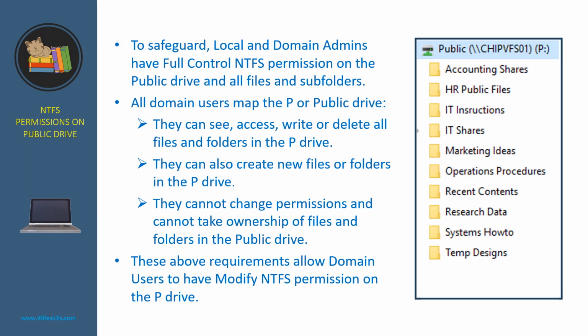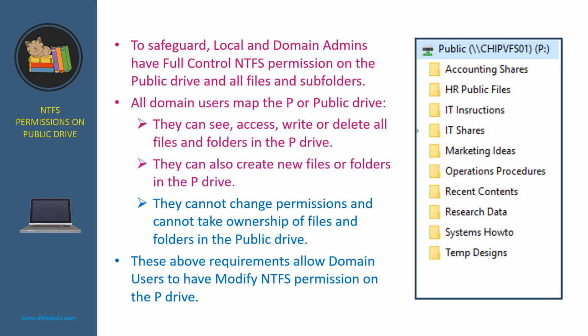Let's now analyze what NTFS permissions are required for the public drive. As you may know, to safeguard, the local and domain admins have full control NTFS permissions on the public drive and all files and subfolders. For all domain users who map the B drive, they can see, access, write, or delete all the files and folders in the B drive.